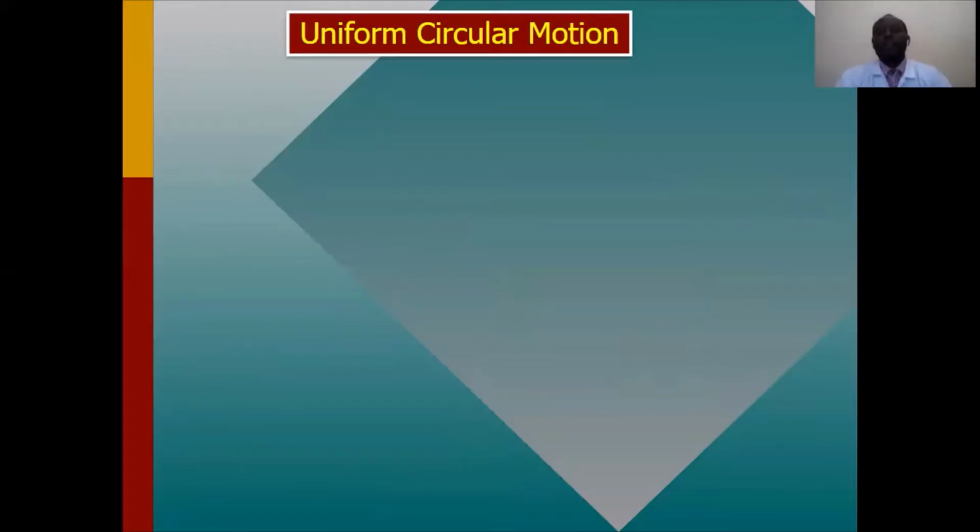So, circular motion. We have 2 types of circular motion: uniform circular motion and uniformly varied circular motion. For uniform circular motion, the velocity is constant. It means that the initial angular velocity is equal to the final angular velocity and equal to the average angular velocity.